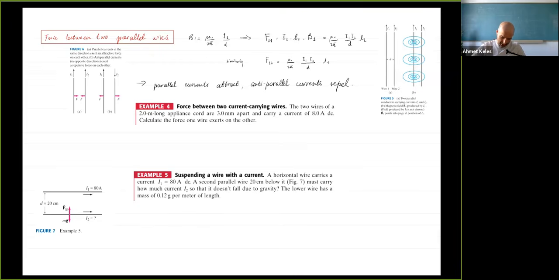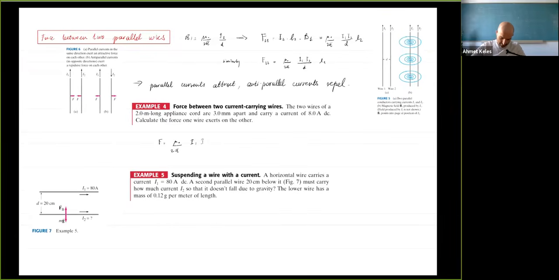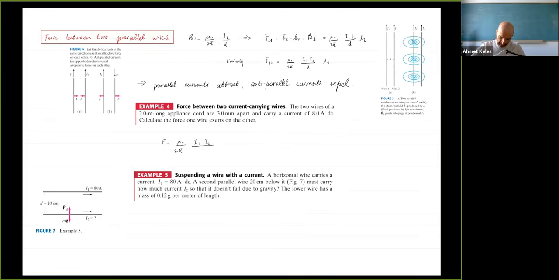Okay, the force is mu 0 over 2 pi times I1 I2 divided by the distance times L. Now, mu 0 is 4 pi times 10 to the minus 7, divided by 2 pi.